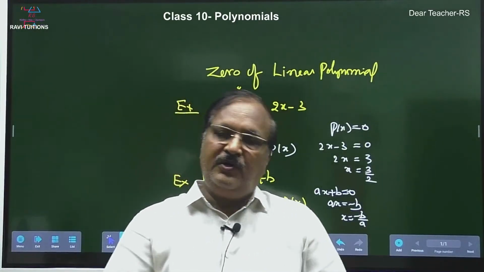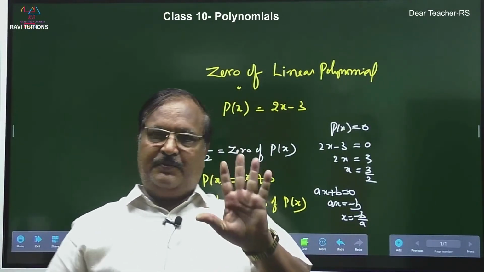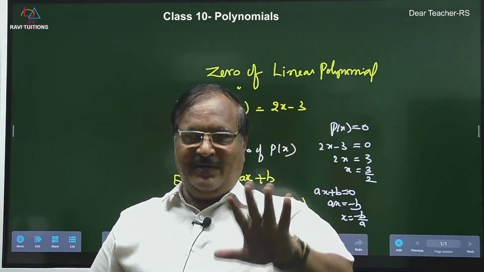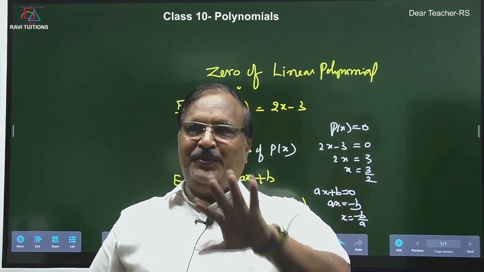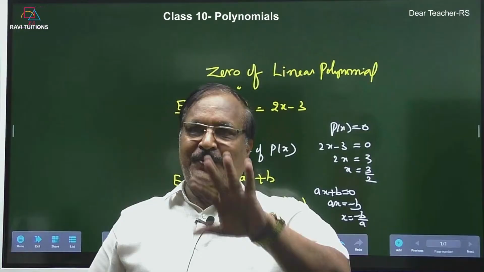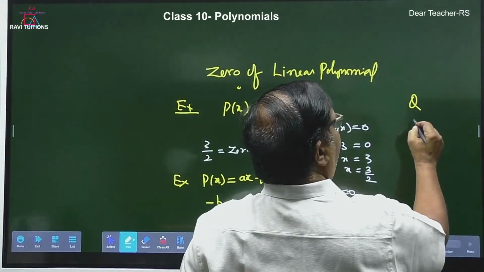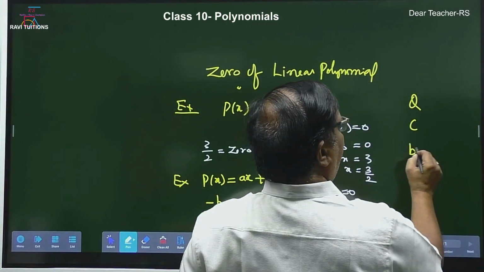So if you want to find out the zeros of a quadratic polynomial, cubic polynomial or biquadratic polynomial, you have to find factors for those three: quadratic, cubic, biquadratic.